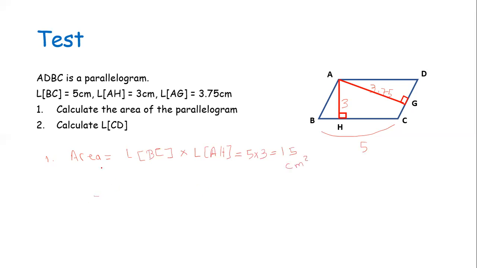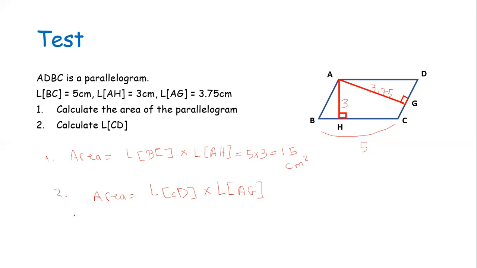And then the second question is to calculate the length of CD. So here we can flip the area to be equal to the length of CD multiplied by the length of AG, that is now the height of the parallelogram.